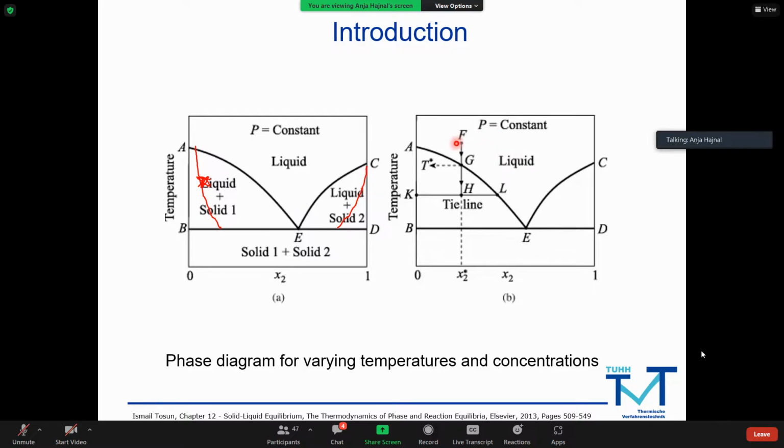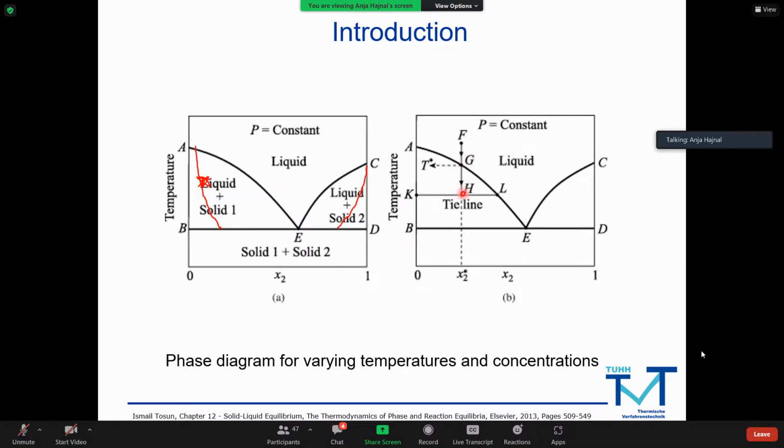So if we have our beginning composition here, for example, at F, and we start to cool our solution, and we continue to go down with our temperature, the liquid composition is going to change according to our liquidus line, while we are going to have pure crystals of the species on this left-hand side.